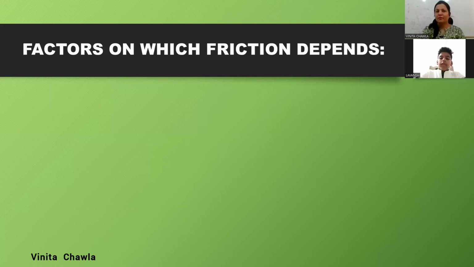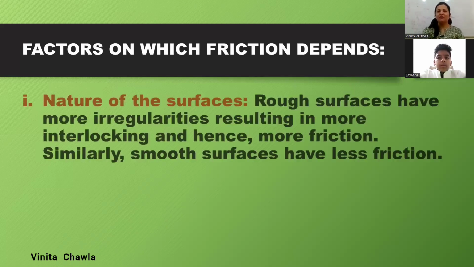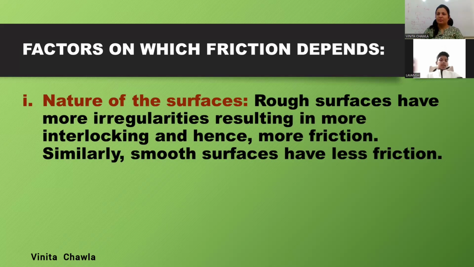So, factors on which friction depends. First, we have the nature of the surfaces. How does friction depend on the nature of surfaces in contact? When there are rough surfaces like sand or a jute bag, there are more irregularities and more friction will be produced.